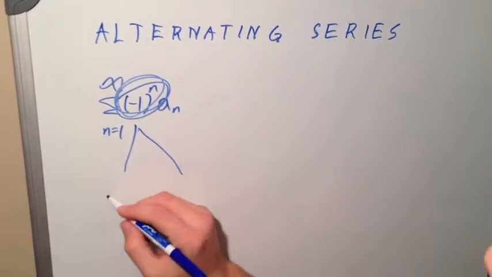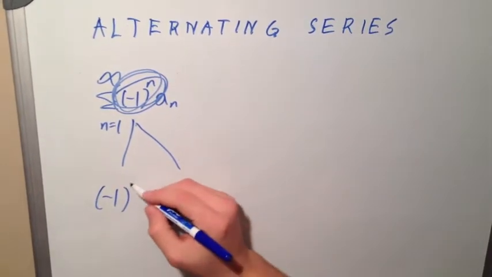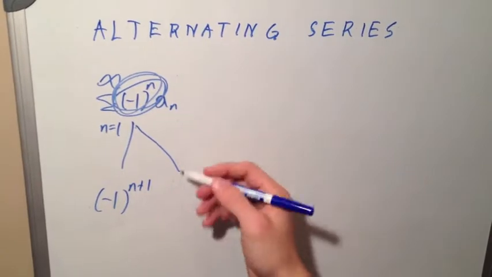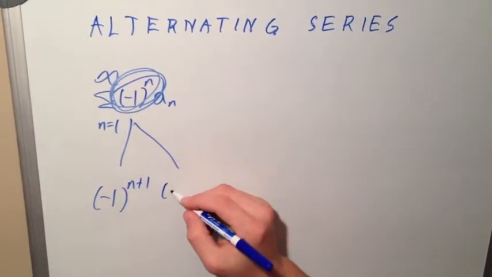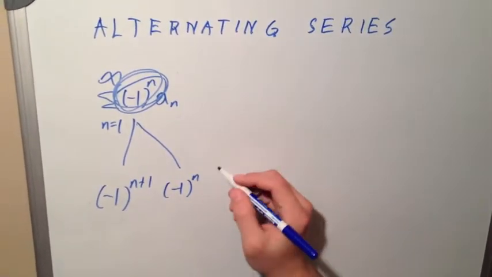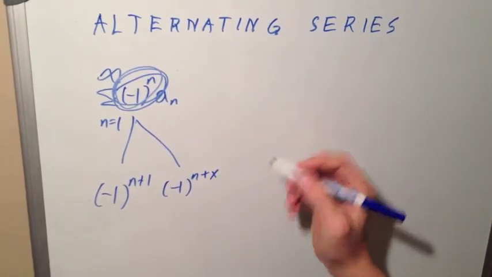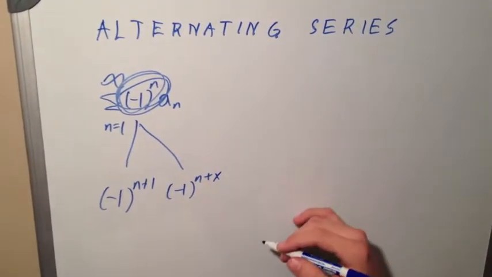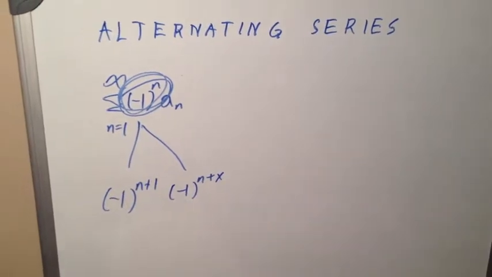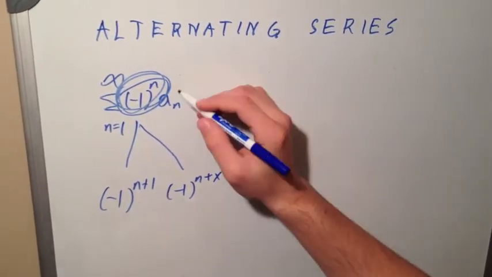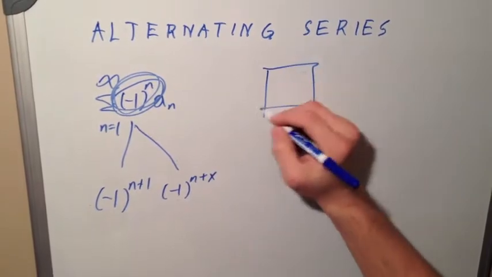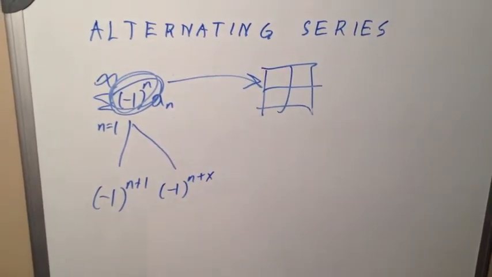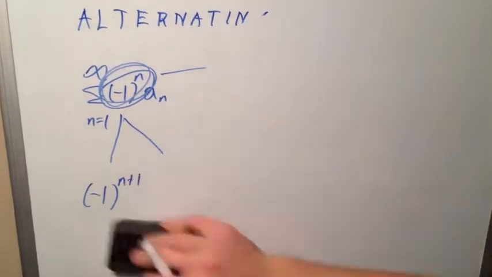Now that could be the n to the power of n, could be to the power of n plus 1, power of n minus 1, or any number for that matter, or it could just stay as n and it'll alternate either way. But when we're taking a look at these two tests, we will be taking that negative 1 to whatever power and tossing it out the window. So with that being said, let's go ahead and take a look at the two tests.